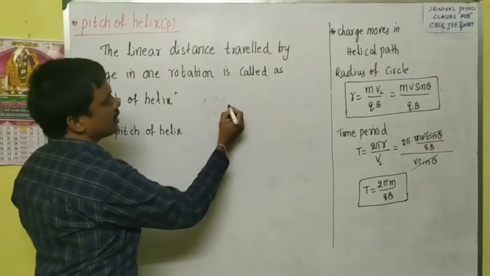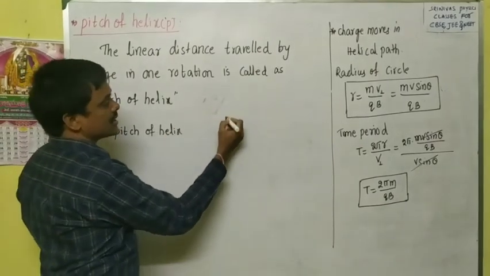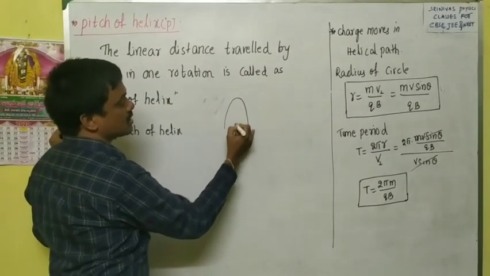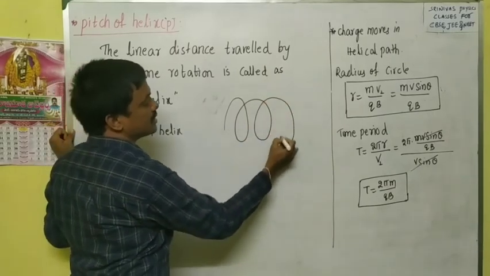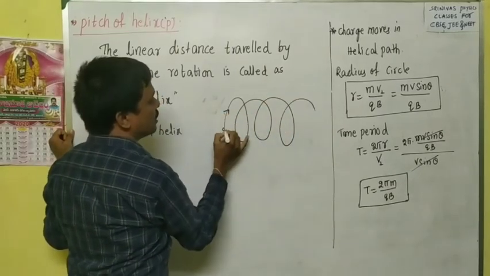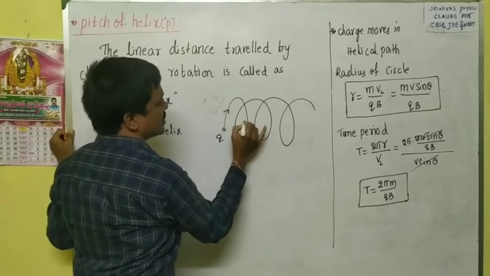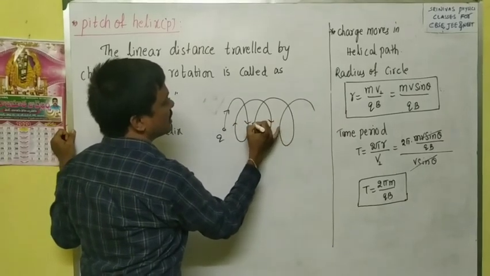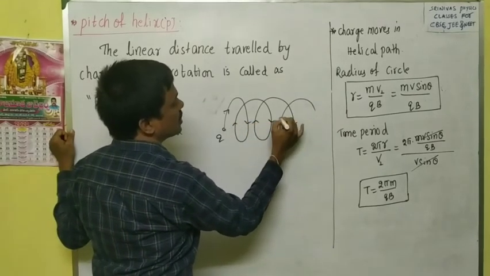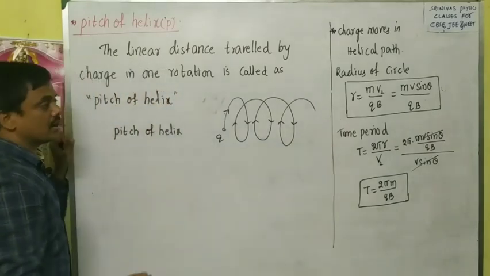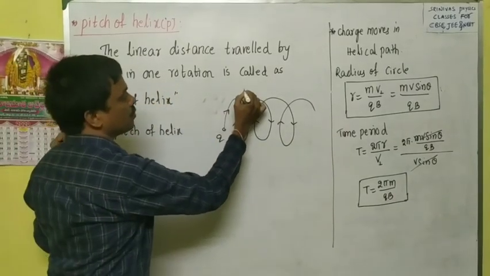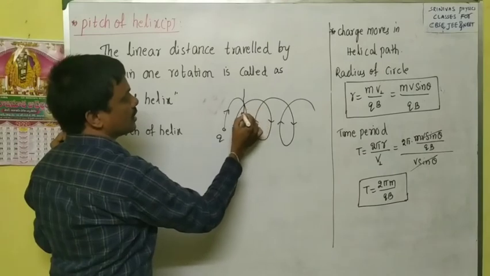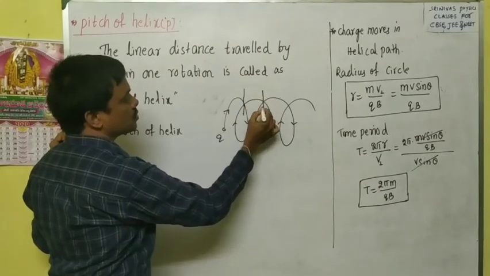Look here. In our topic we are discussing that the charge is rotating and moving forward. It is rotating and along with that it is moving forward. In each rotation it goes forward a little bit. Before one rotation the charge is here; after one rotation it goes somewhere else.